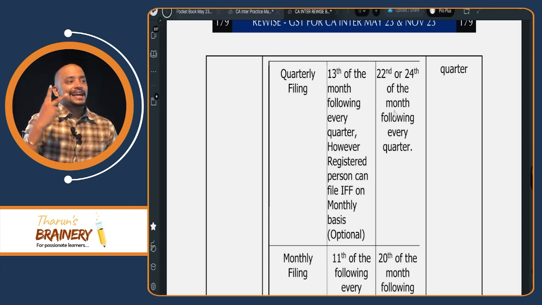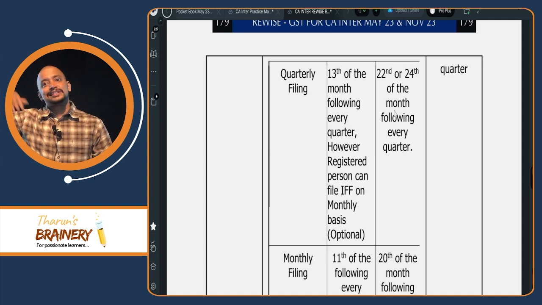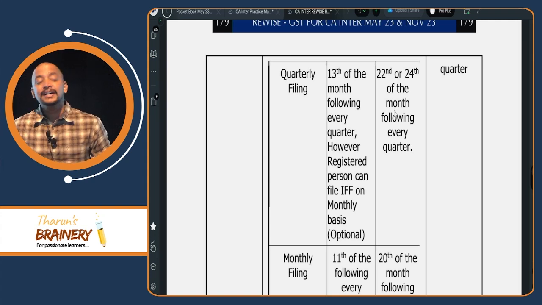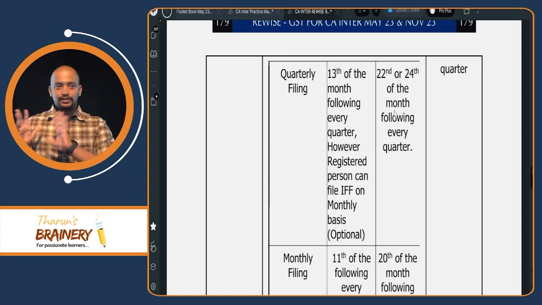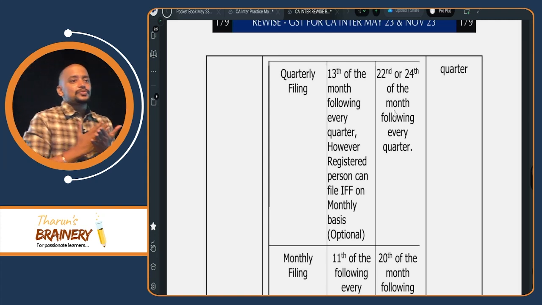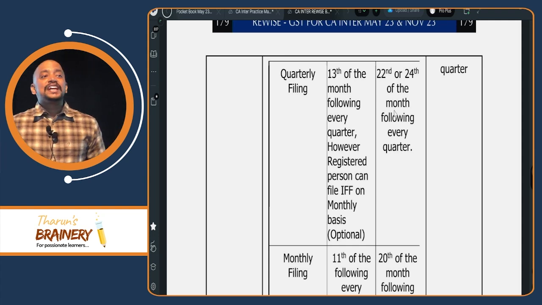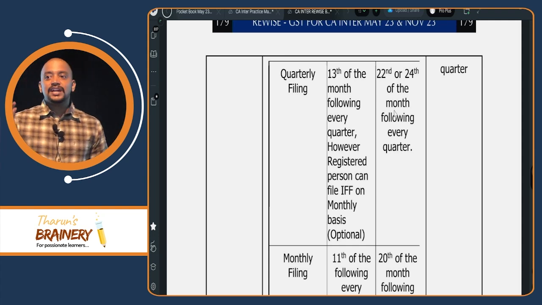So it will be 22nd. And North, that is Orissa, Northeastern states, Jammu and Kashmir, Uttar Pradesh, etc., and all, it will be 24th. Clear? So therefore, South it is 22nd, North it is 24th of the month following every quarter.